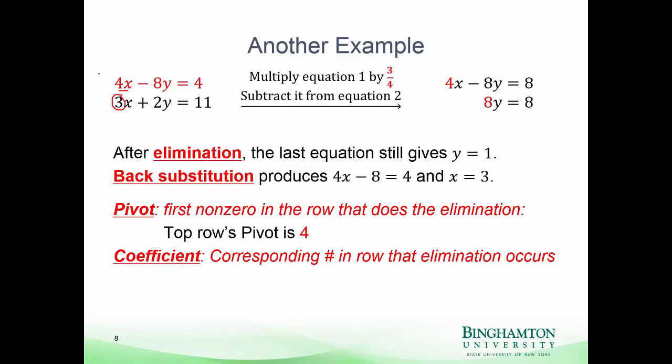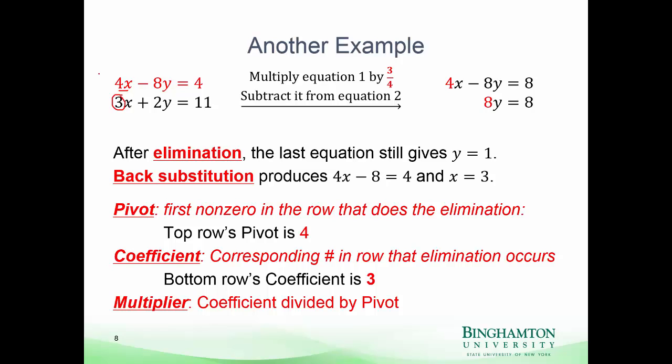So we're trying to eliminate x in that second equation. So 3 is the coefficient. So the bottom row's coefficient is 3. And then to find the correct multiplier, we take the coefficient that we found, which is 3, divided by the pivot that we found, which is 4. And that gives us the 3/4 that we specified as our multiplier.